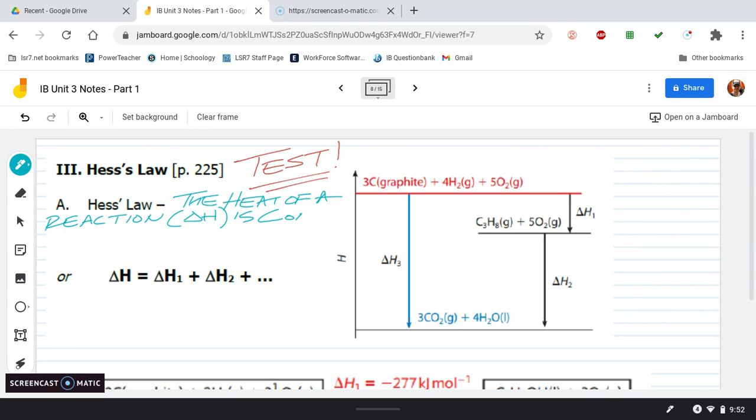Like if we're looking for what happens with hydrogen and oxygen making water, it's always going to be the same value. Heat of the reaction is constant whether it's carried out in one step or multiple steps. And so let's write that here.